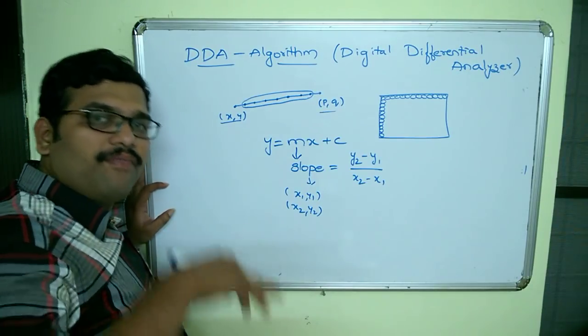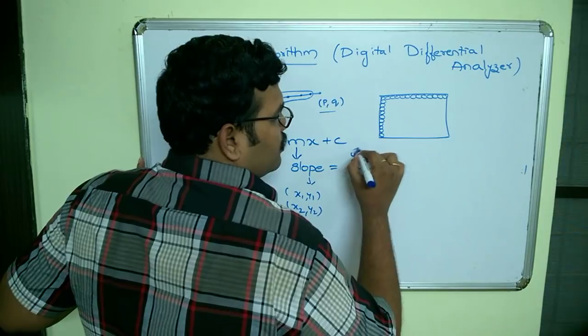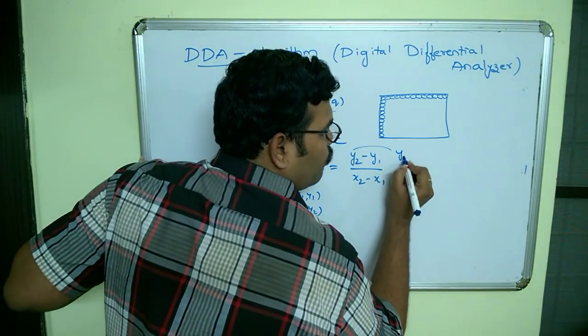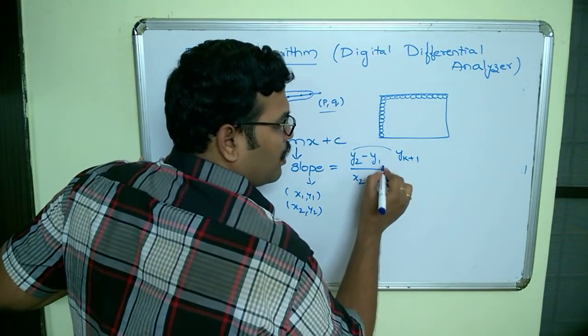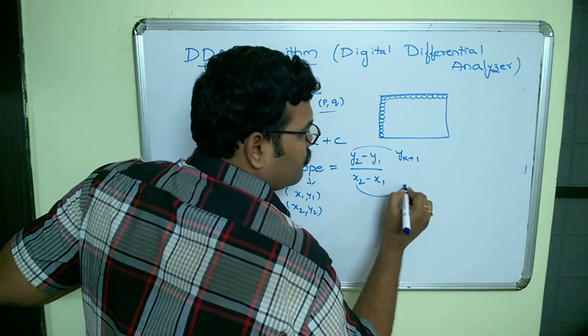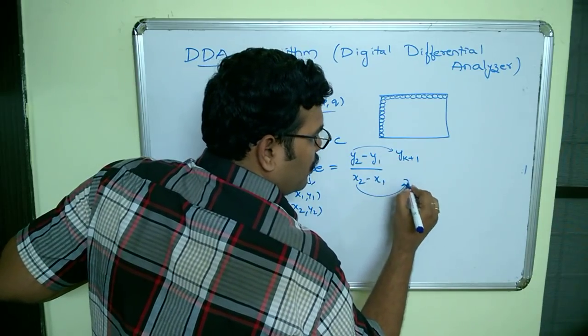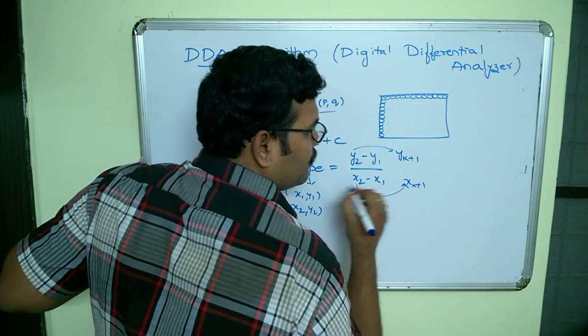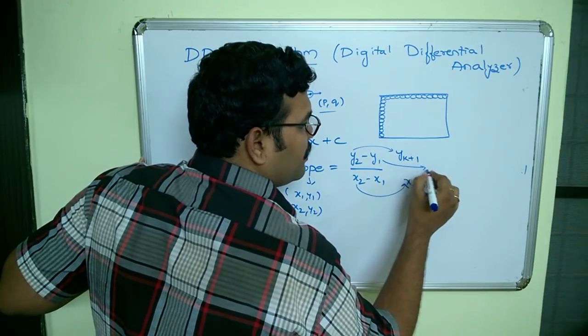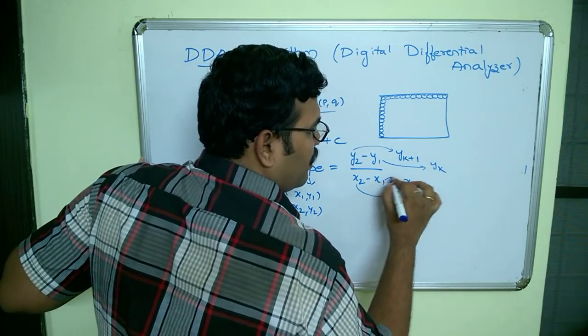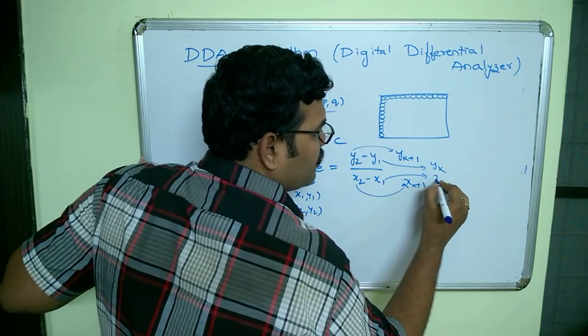So let us have a general formula. y2 can be replaced with yk plus 1, x2 can be replaced with xk plus 1, y1 is replaced with yk, and x1 is replaced with xk.